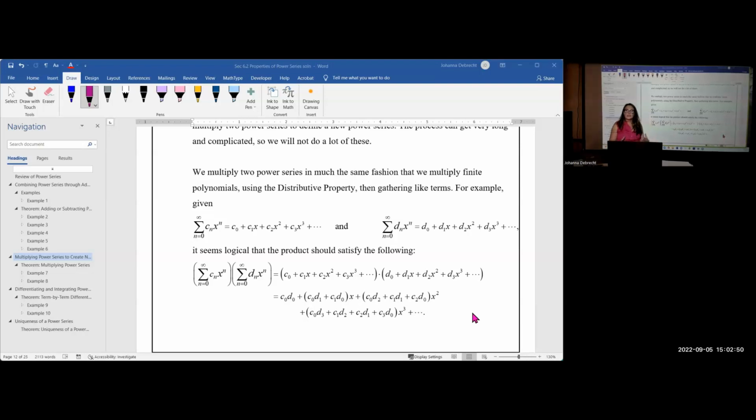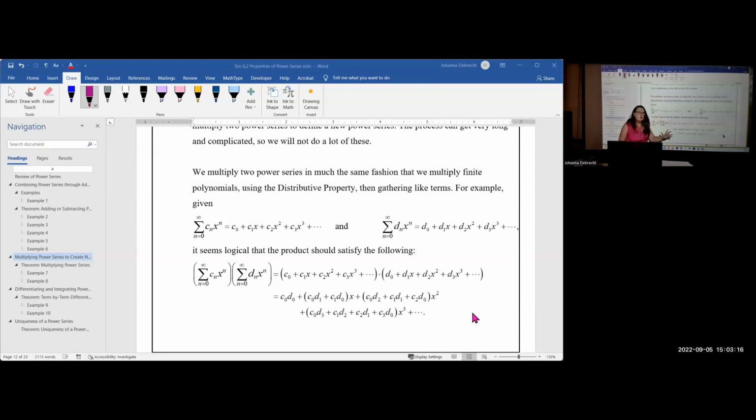Now, how could we get terms that have the factor x to the first? Well, there's really only two ways to do that. I have to take a constant like c sub 0 and multiply it by d1x. That will give me x to the first. Or I have to take the d sub 0 and multiply it by c1x, right?